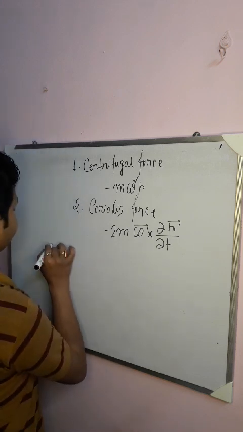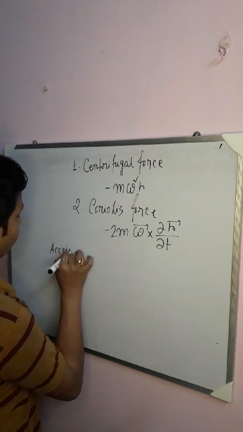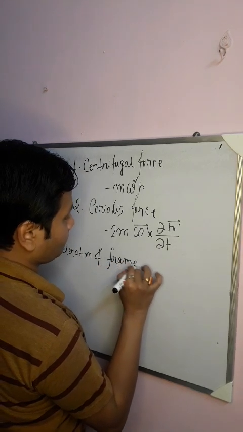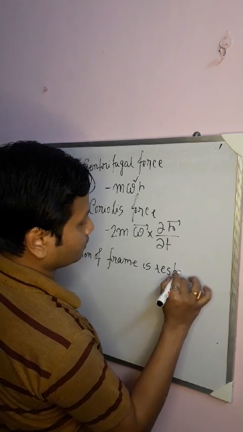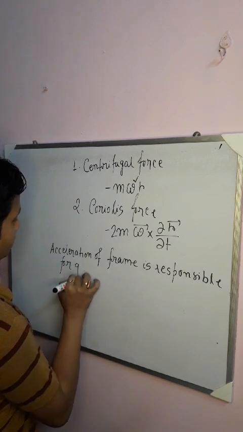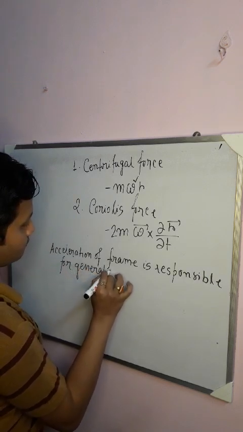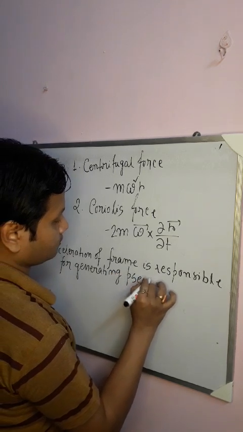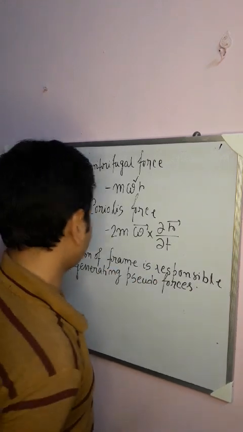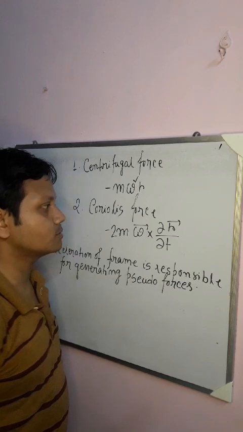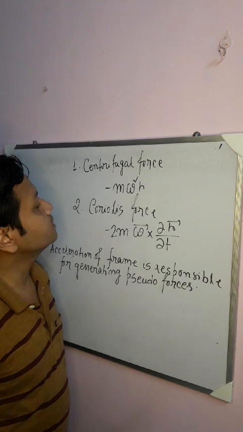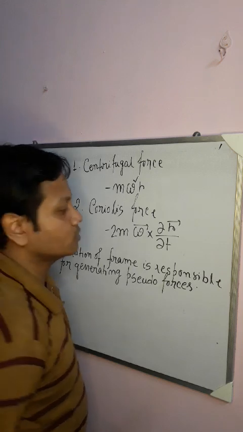So the acceleration of the frame is responsible for the generation of pseudo forces, and the familiar examples are the centrifugal force and the Coriolis force.